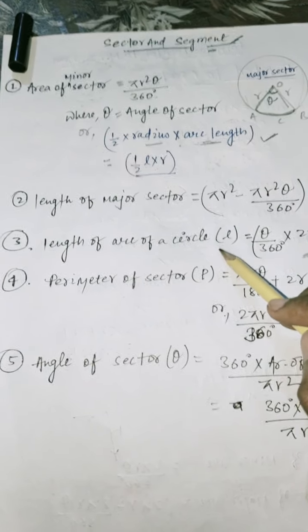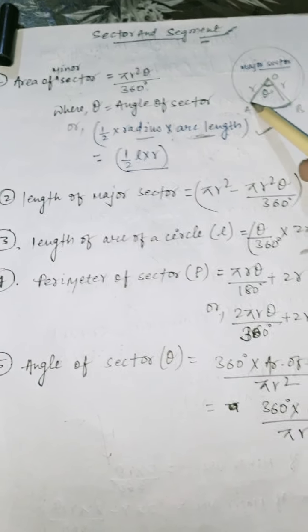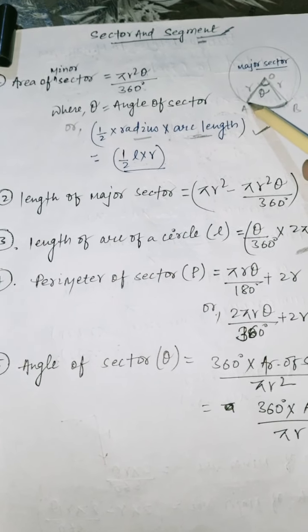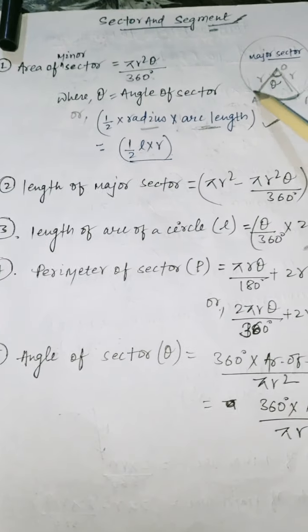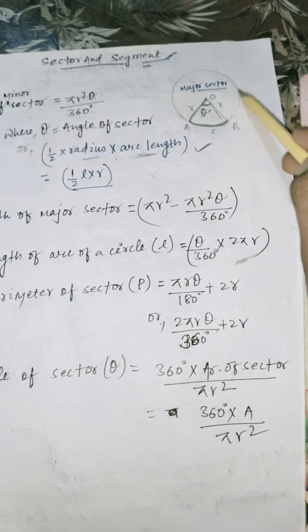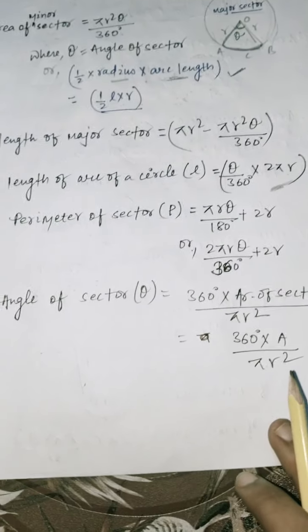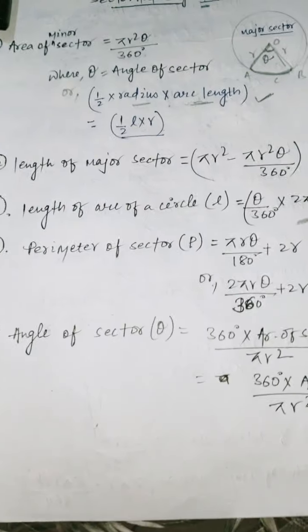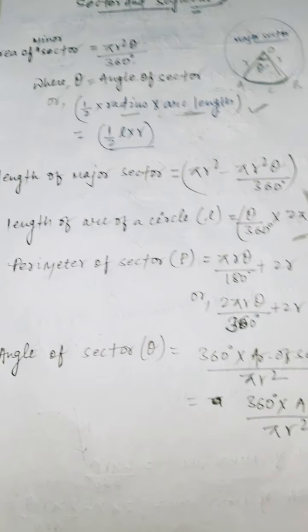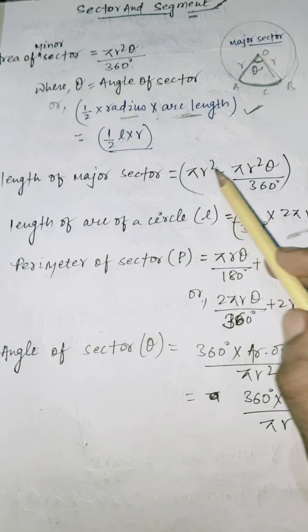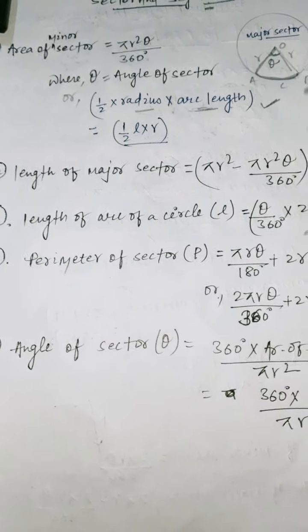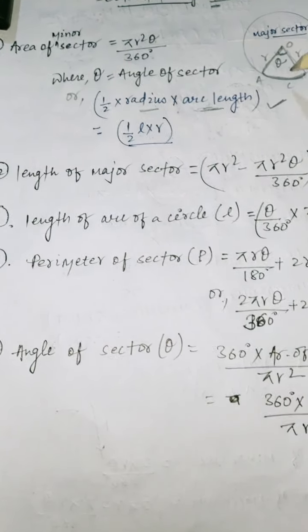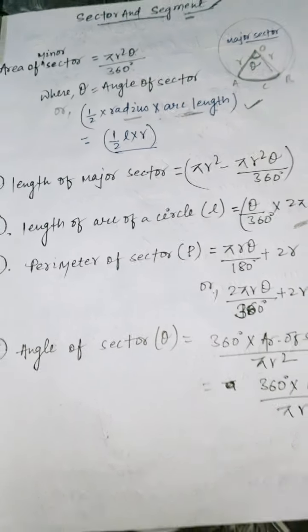By subtracting the arc length of minor sector from the circumference, we will get the length of the arc of the major sector. Now for calculating the area of major sector, we can apply pi r square minus the area of minor sector, that means area of circle minus area of minor sector. Then we get the area of major sector.